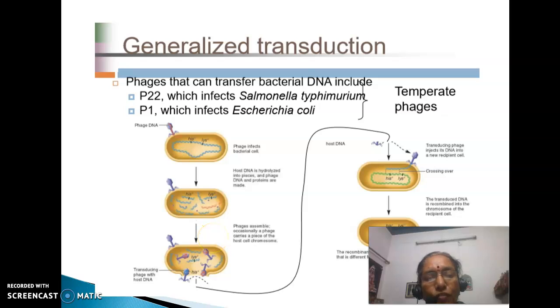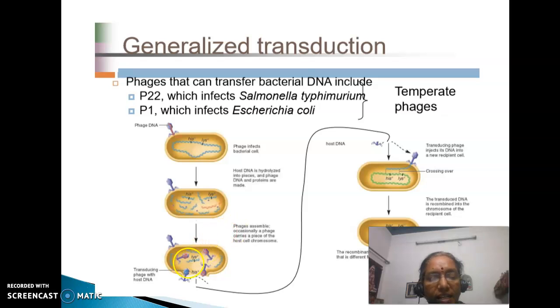Now when the viral DNA is getting packed, instead of packing the viral DNA, by mistake, sometimes the bacterial genes are packed into the viral coat. So this is how a transductant is generated. This happens very rarely, but it happens. Occasionally a phage particle will be carrying bacterial chromosomal genes.